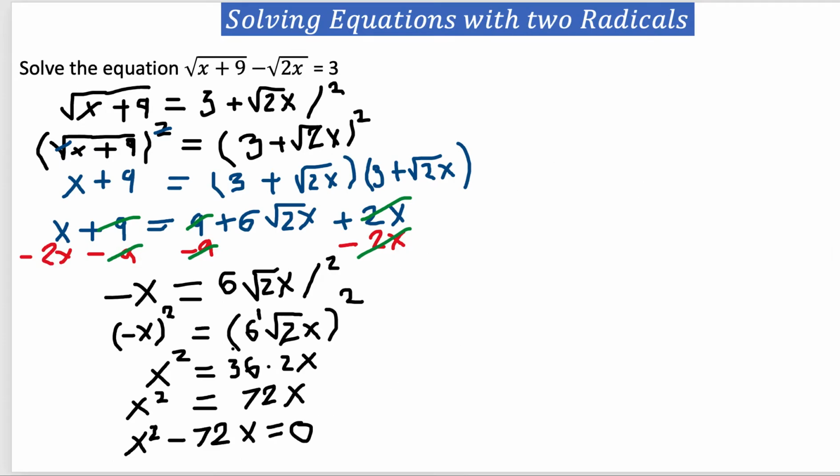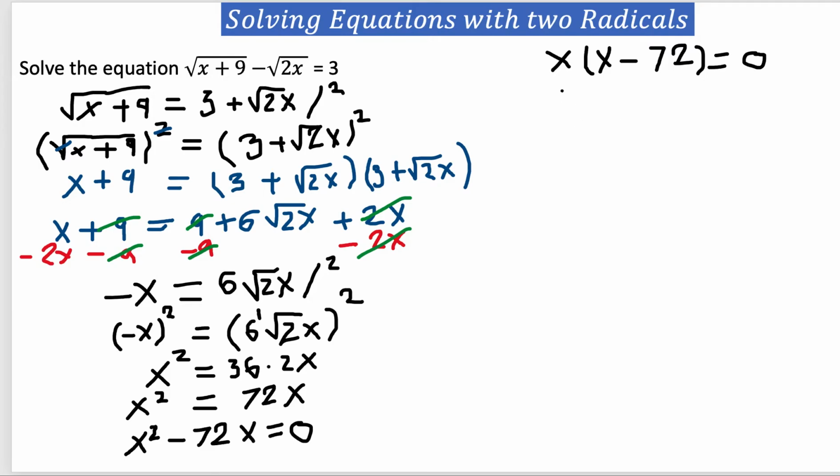And now, I am factorizing x squared minus 72x. If I factorize, it's going to be x times the factor x minus 72, which is equal to 0.